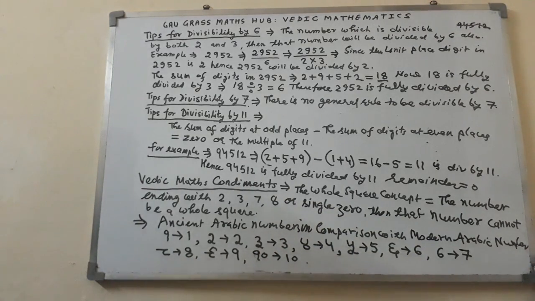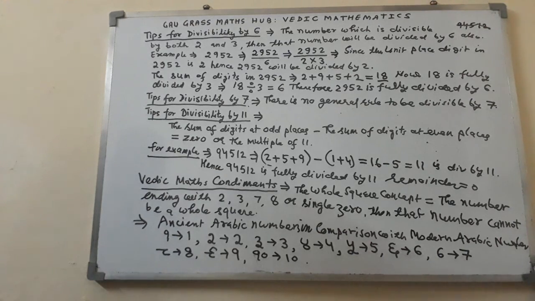Here I have discussed Vedic maths condiments. The whole square concept: numbers ending with 2, 3, 7, 8 can't be a whole square.